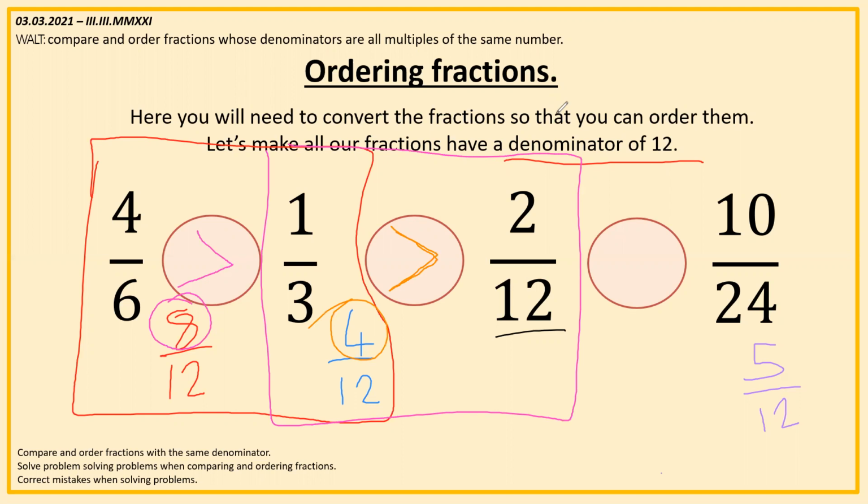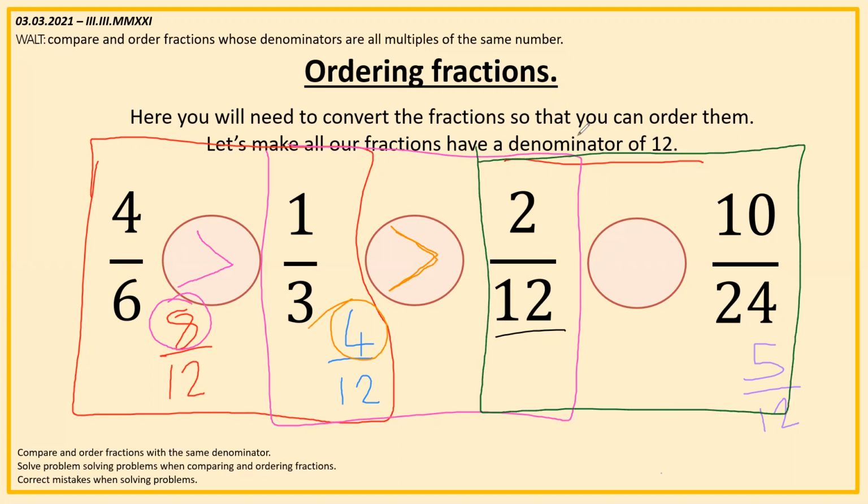Finally, we're going to have a look at the last two fractions here. We've got 2/12 and 5/12. 5 is the greater numerator, which means that 2/12 is smaller than or less than 5/12, which is the same as 2/12 is less than 10/24.